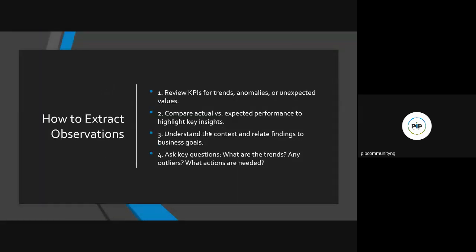All right. How do you extract observations from your dashboard? First, you need to review KPIs for trends. So you view your visuals for trends. Try to notice anomalies or unexpected values. Let's say you're working with your line chart and you see a part where sales just went up.